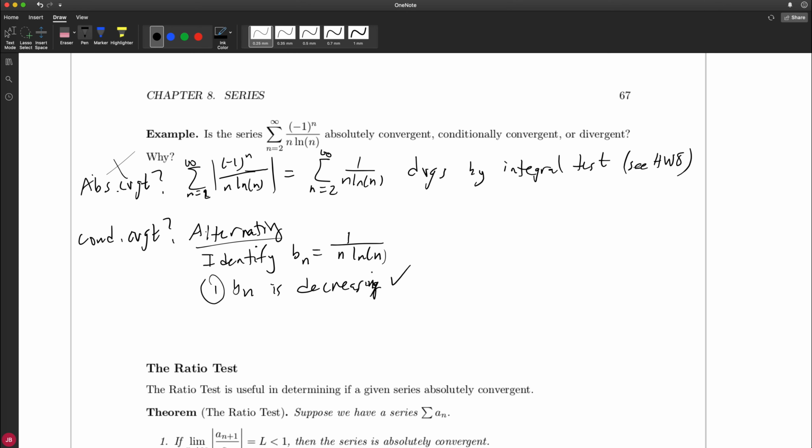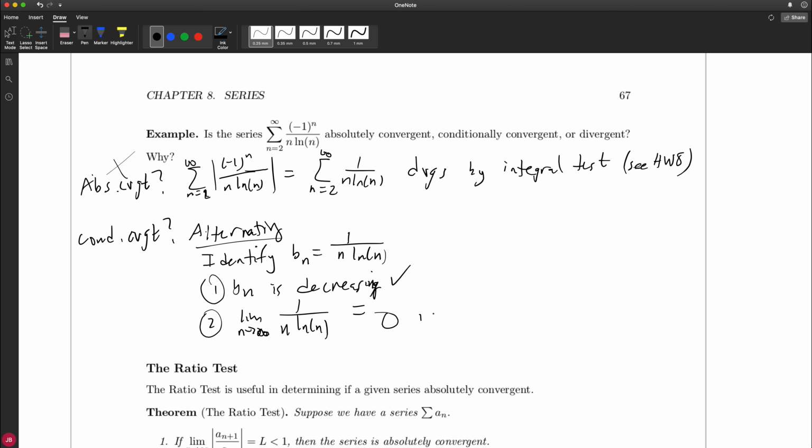And furthermore, is the limit of 1 over n times ln of n equal to 0? Well, yeah, as n gets large, both of these are getting arbitrarily large, so 1 over that is a very small number, i.e. 0.